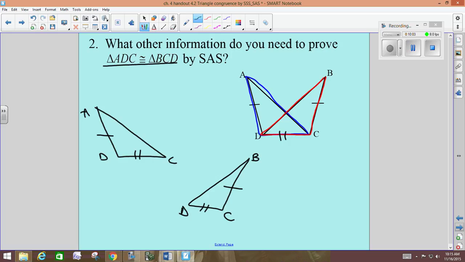Do I need a side or an angle? I need an angle, right? Because I have the two sides of side, angle, side, and we need it to be the angle between the two sides. So which angle is marked between AD and DC? D. And which angle is between BC and DC?